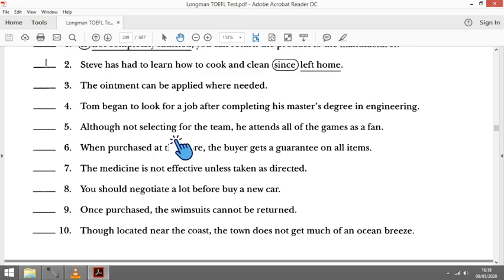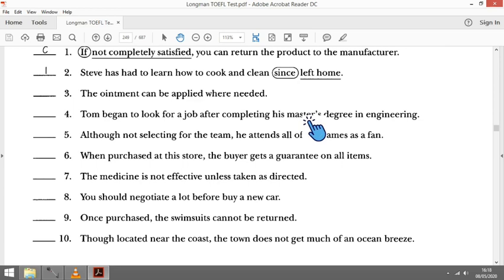Number 6. When purchased at this store, the buyer gets a guarantee on all items. Okay, the buyer is the subject, gets is the verb.